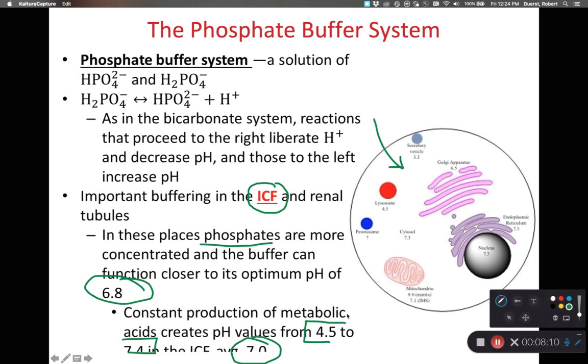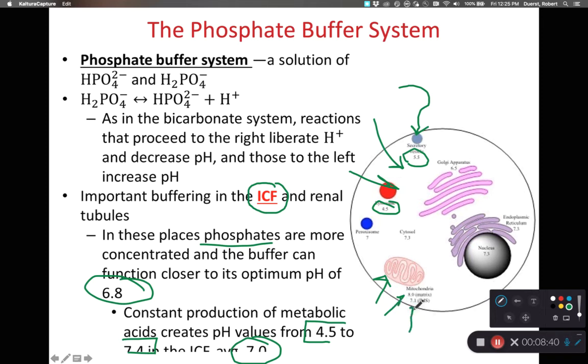If we look at this figure that I included, which is not from your textbook, you can see how the pH in different cells, or organelles I should say, of the cell vary. So a secretory vesicle has a pH of about 5.5, a lysosome is 4.5, and mitochondria, depending on where, the matrix versus the intermembrane space, could have varying pHs. Remember all the way back when we talked about cellular respiration, how the electron transport chain dumps hydrogen ions into the intermembrane space of the mitochondria.